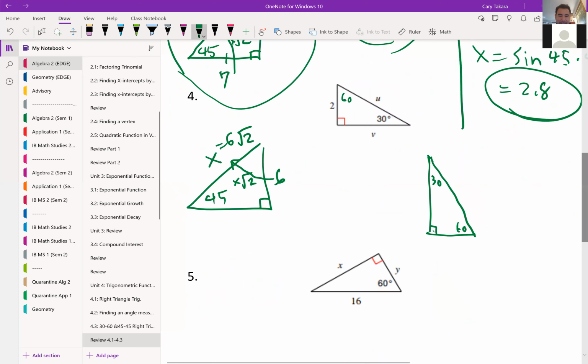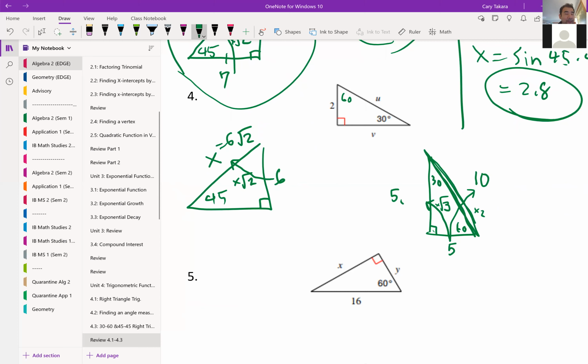If the short leg is 5, then the hypotenuse, which is this side, is always double. So you multiply by 2. So the hypotenuse is going to be 10. And the other leg, you multiply that by square root of 3. So it is 5 square root of 3.